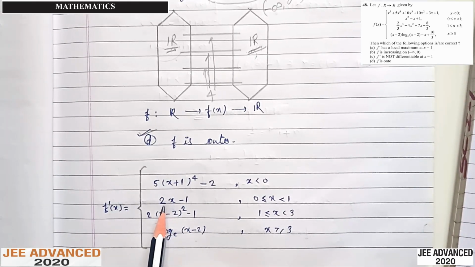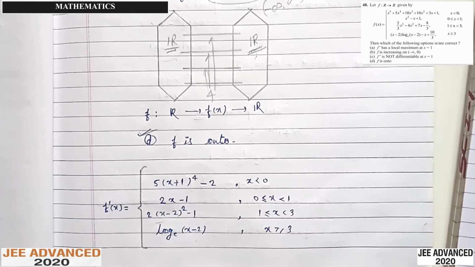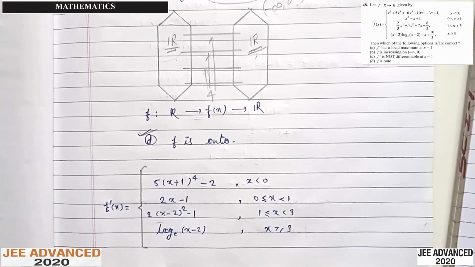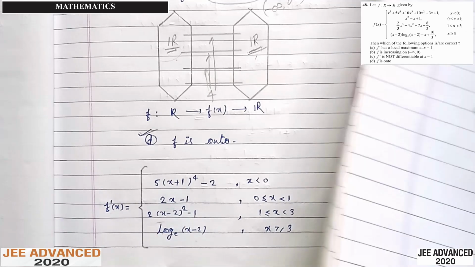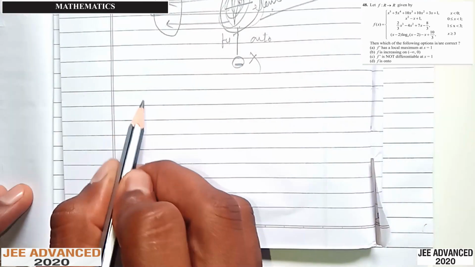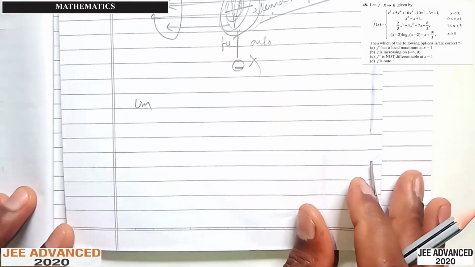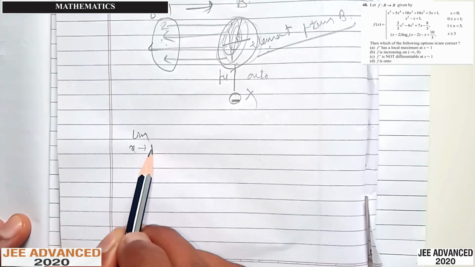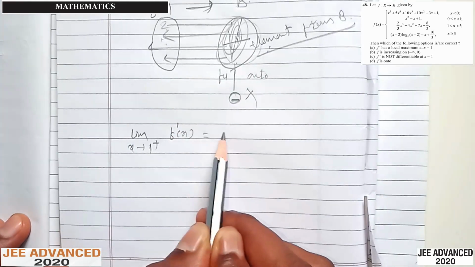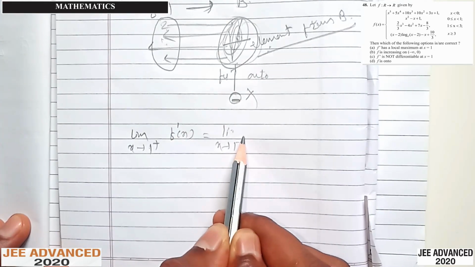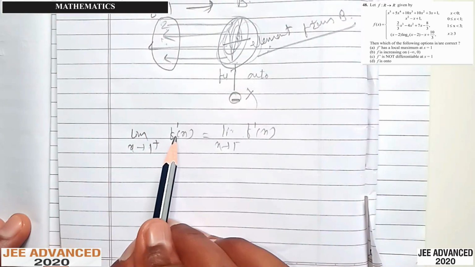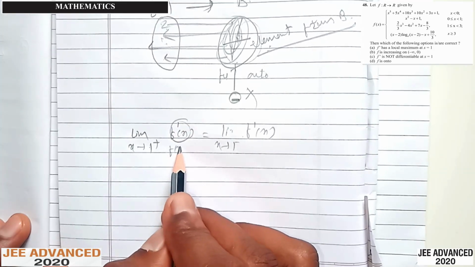Now what we want here is that f dash of x is not differentiable at x equal to 1. Let me first explain the definition of a differentiable function. If I want to show f of x is differentiable at x equal to 1, I take the limit as x tends to 1 plus, which is the right hand derivative, and the limit as x tends to 1 minus, the left hand derivative, using f of x plus h minus f of x upon h.